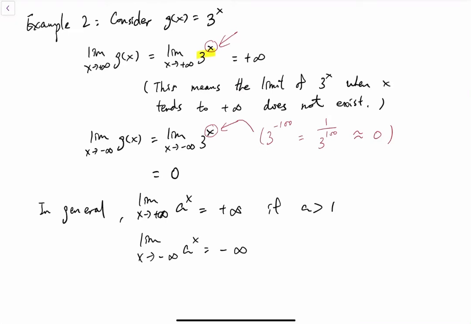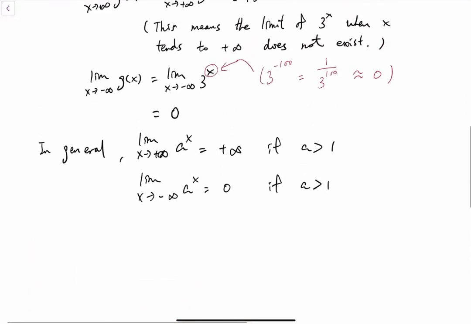Sorry, it is 0, if a is greater than 1. Then you may ask, how about if a is not greater than 1, but between 0 and 1?